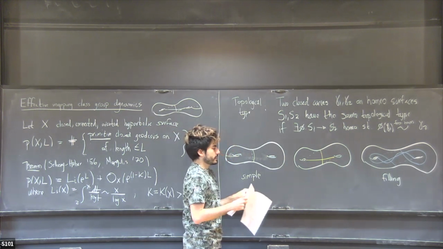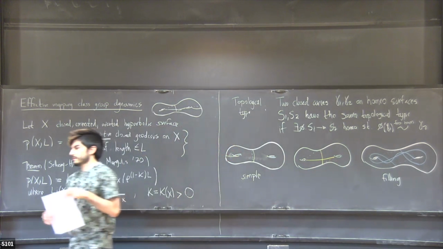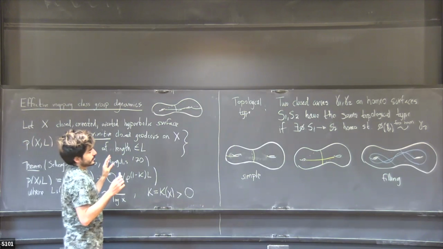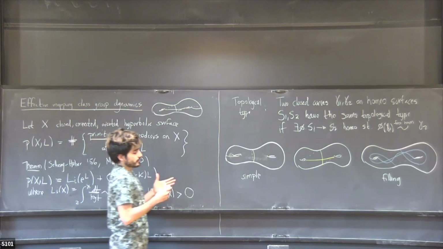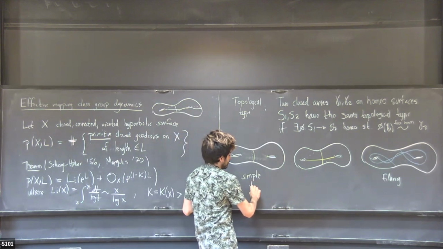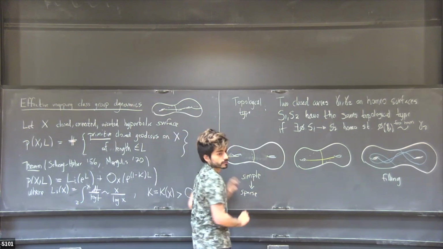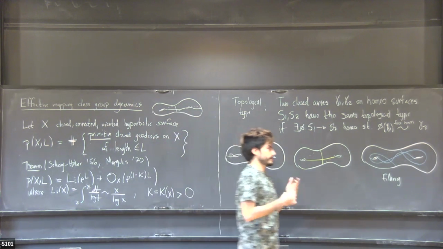Okay, so these are the different types you can witness, but let me say one thing that I think is good for intuition. You have these types. I just want to mention that this is a very sparse situation. It's very uncommon for closed geodesics, say, to be simple. If you let them run for long enough, they're going to intersect themselves.